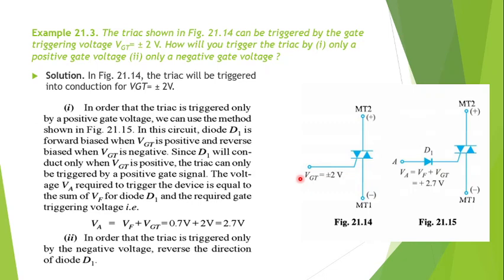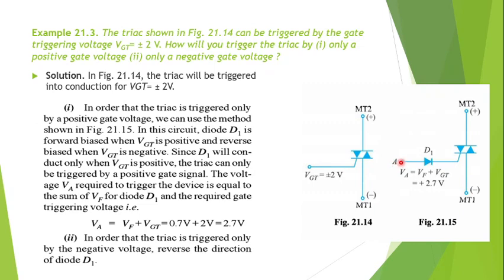So let us take the first case where we want to trigger it only by the positive gate voltage. So for that we connect a diode in series to the gate. So this diode will be forward biased when the applied voltage is positive, and this will be reverse biased when the applied voltage is negative. So only when this applied voltage is positive will the current pass through the diode and enter the gate.